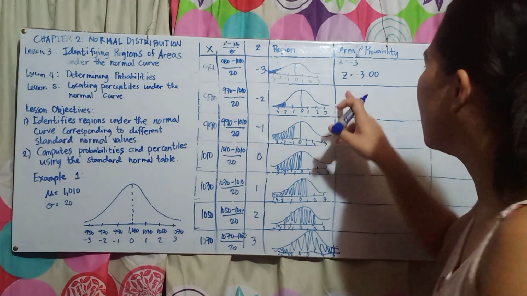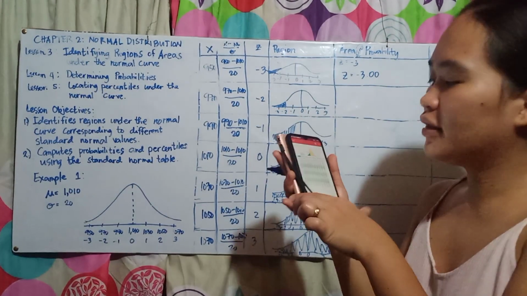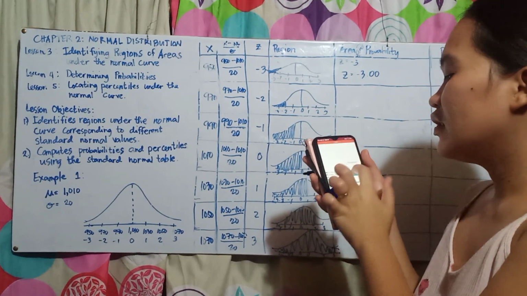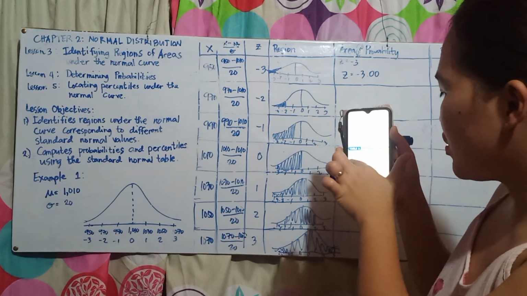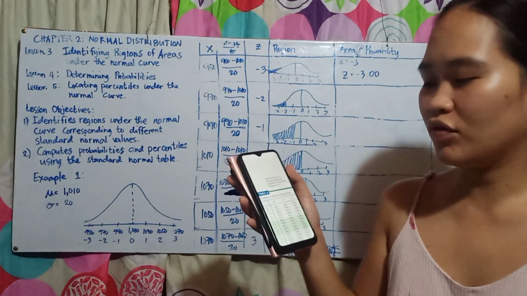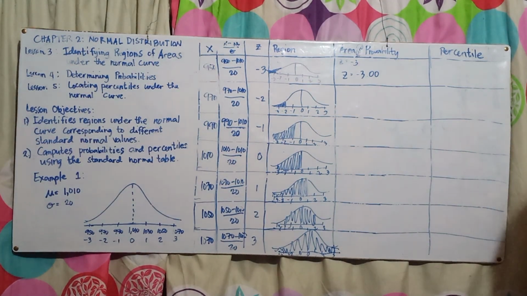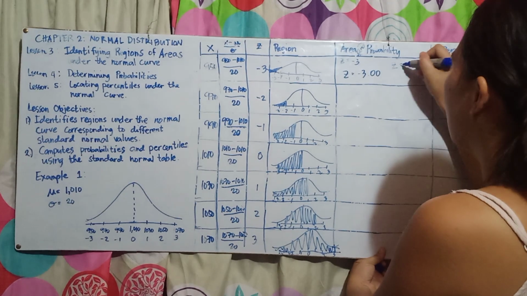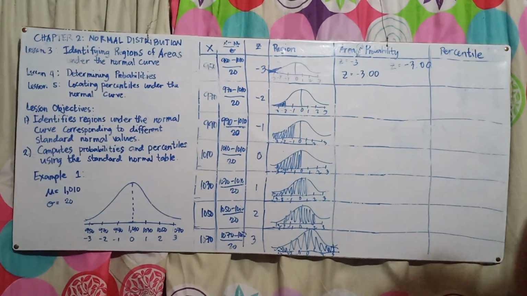Kasi, ang table of areas na ay decimal places. Okay, next is, since ang table, di ba, naa siya numbers diri sa taas, naa po'y numbers diri sa ubos. O naa sa vertical, naa sa horizontal. So, ang z equals negative 3.00. So, ato na siyang hation into 2.